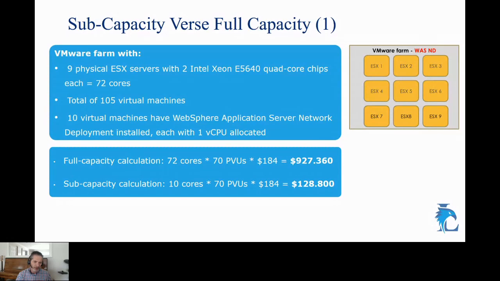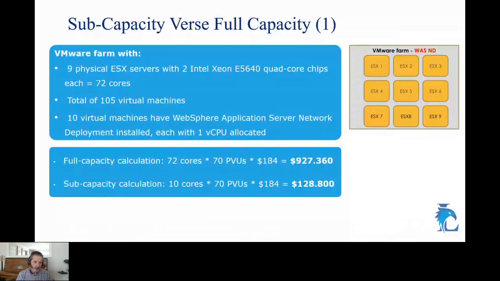In other words, that we had subcapacity licensing and we, for some reason, failed to comply with the reporting requirements, or the tool wasn't working, or the tool we had wasn't compliant, any of the reasons that it failed, what was a $128,000 cost could suddenly become a $900,000 cost.